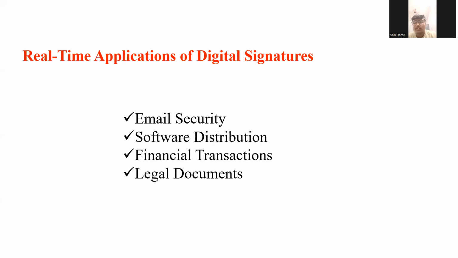Adobe PDF signature. Adobe PDF signature allows users to sign documents digitally, ensuring document integrity and authenticity. Example: contracts and official documents signed and verified electronically. Diagram: screenshot of a signed PDF document showing the digital signature.